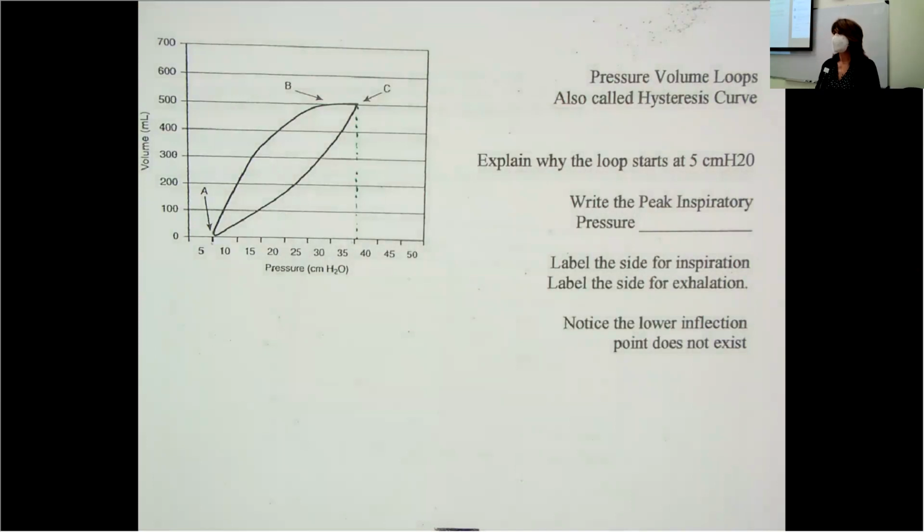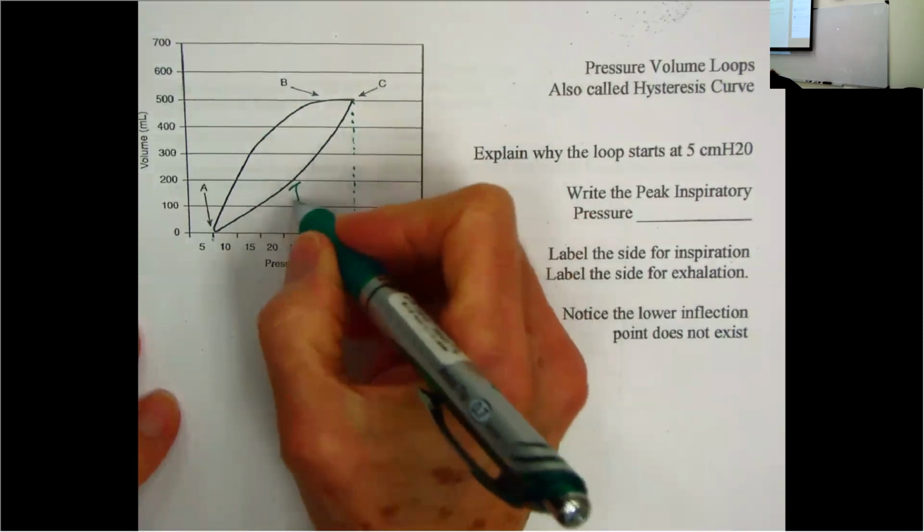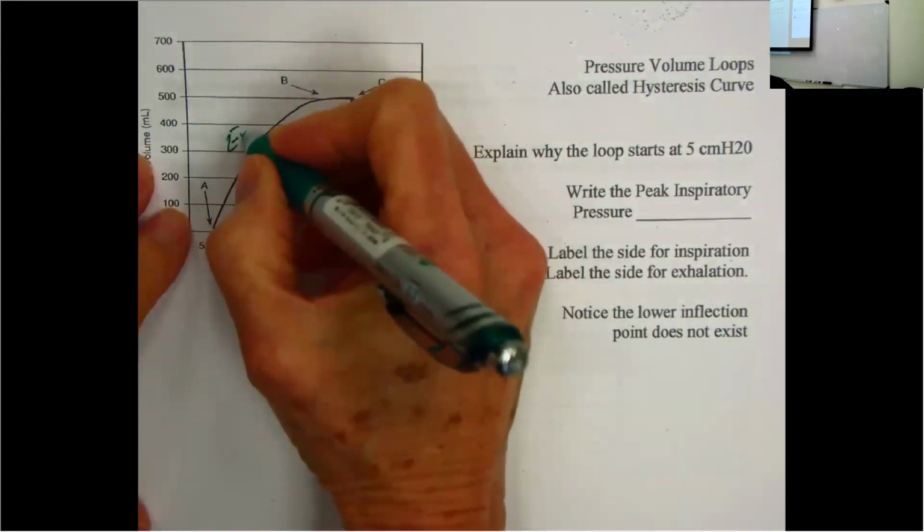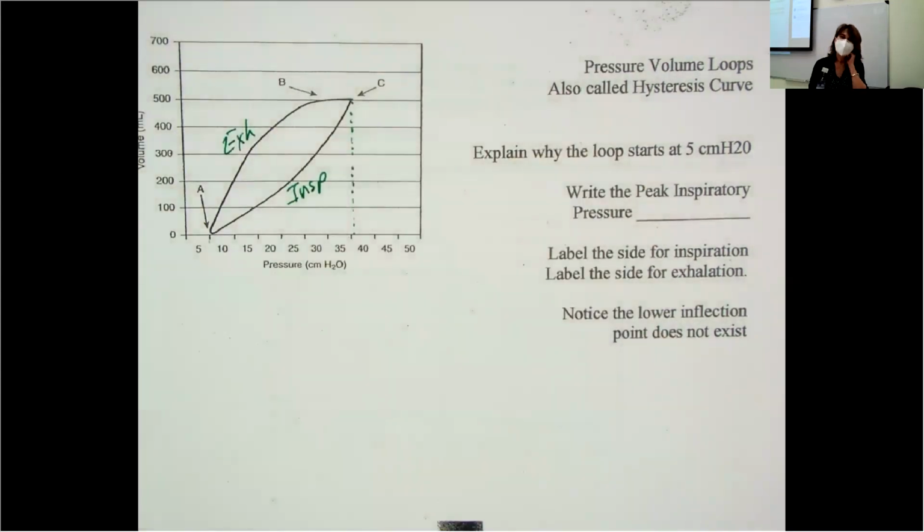So that would be the peak inspiratory pressure for that breath. Label the side for inspiration. Very good. And then label the side for exhalation. Notice the lower inflection point does not exist.